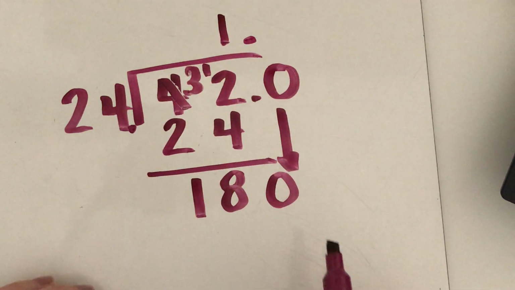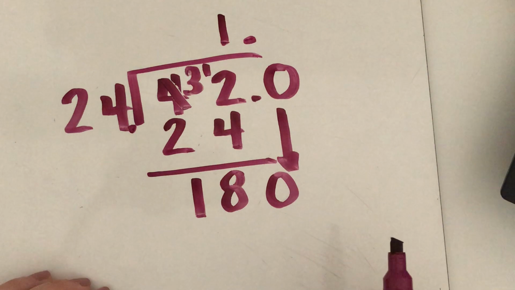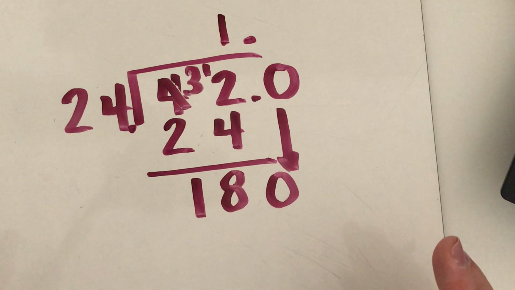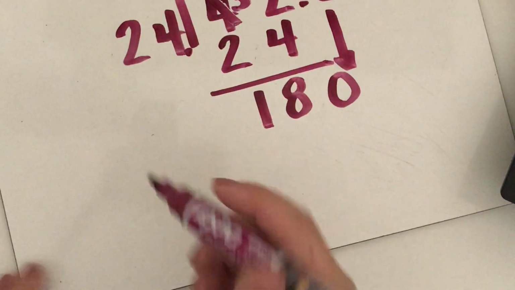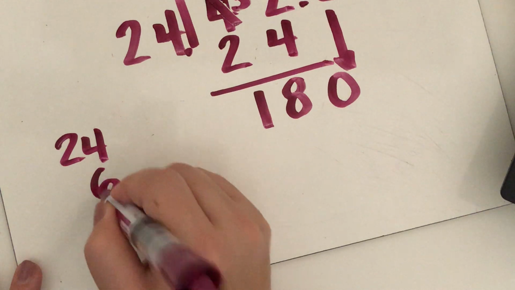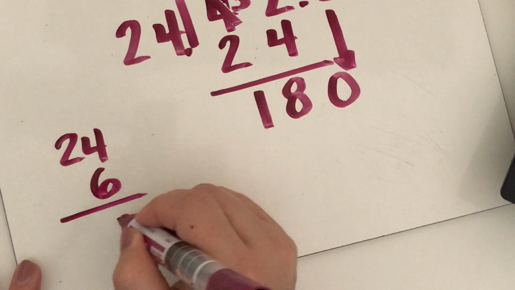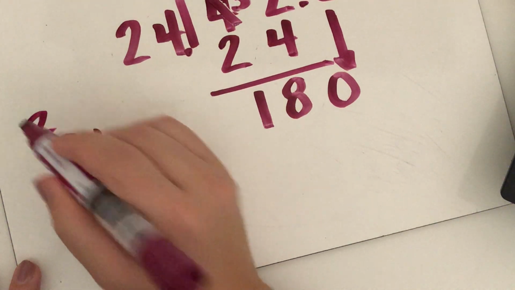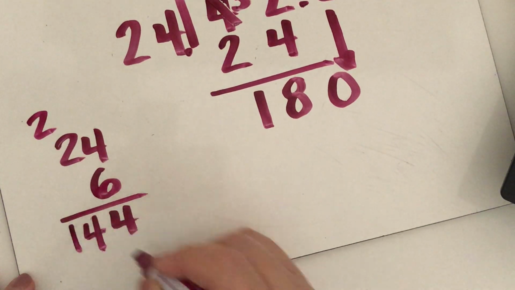So now I have to see how many times can 24 go into 180. Okay, so let's think. Let's do it 6 times. 6 times 4 is going to give me 24. 6 times 2 gives me 12, and that gives me 14.